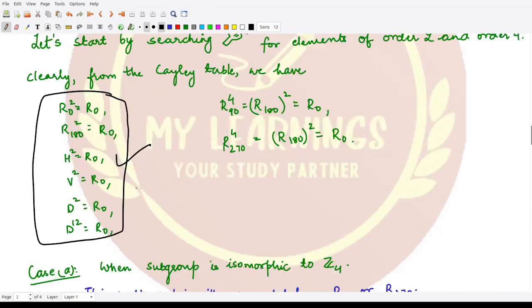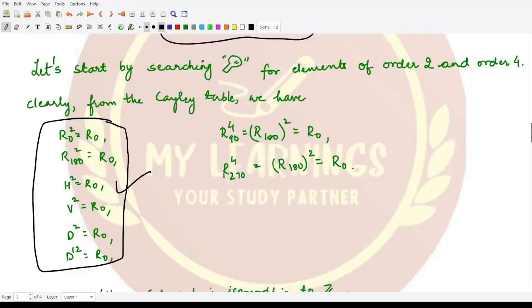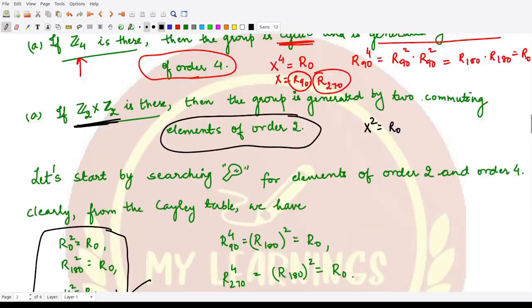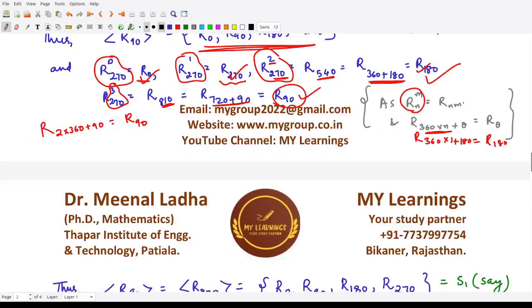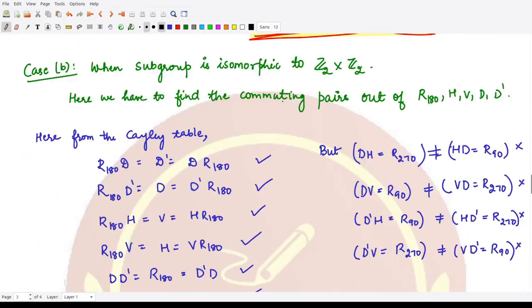Now out of these elements we have to look for the elements which commute with each other, right? So for that we have to find the commuting pairs out of these. We are leaving R0 because R0 would commute with each one and it would obviously be present in each subgroup, being the identity element, right?